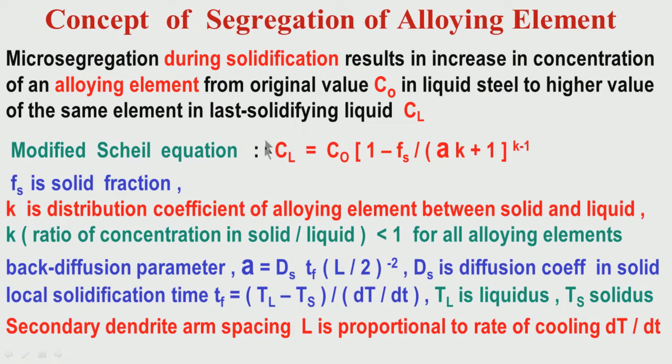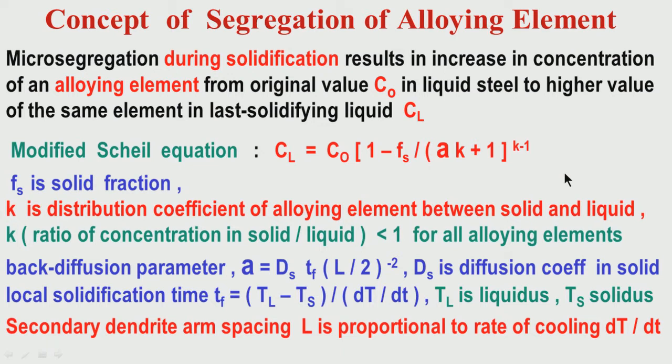So, the amount of alloying elements in the final liquid which is getting solidified is becoming more rich when k is very low and the diffusivity of that particular element is relatively low in solid.